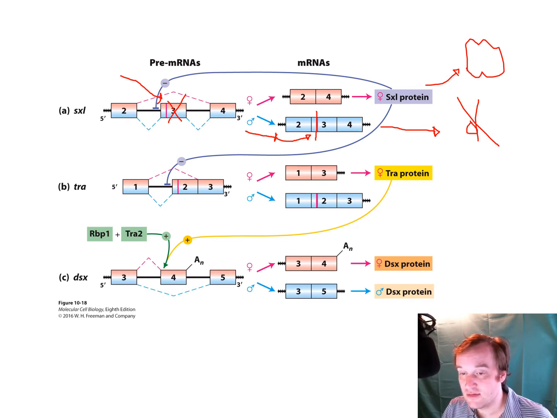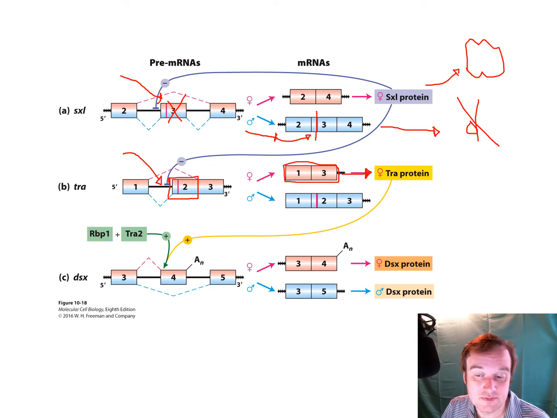Then, when Sex lethal is fully expressed in females, it acts as a regulator of the TRA gene. In females, we're going to block the use of exon number 2 in TRA. So females will then have TRA only with exons 1 and 3, which leads to a fully functional TRA protein.